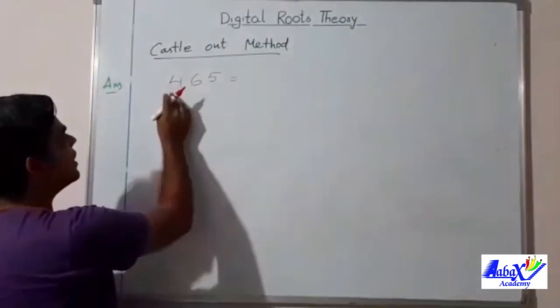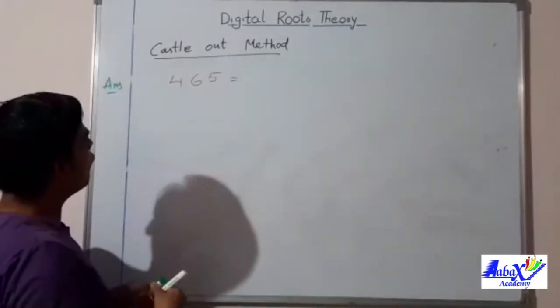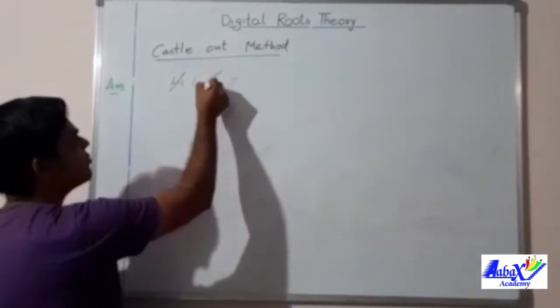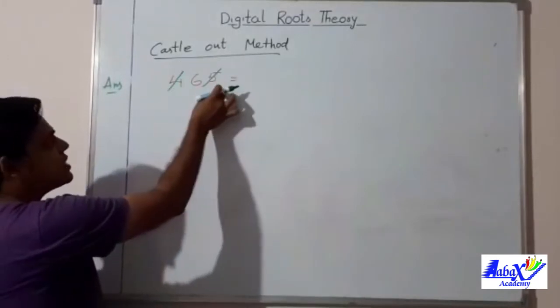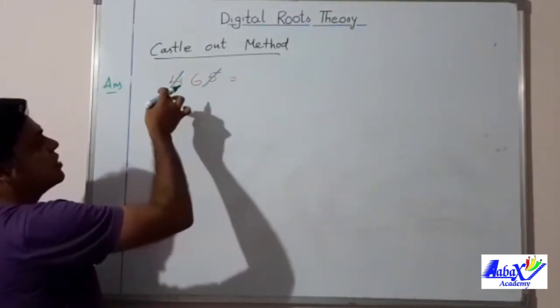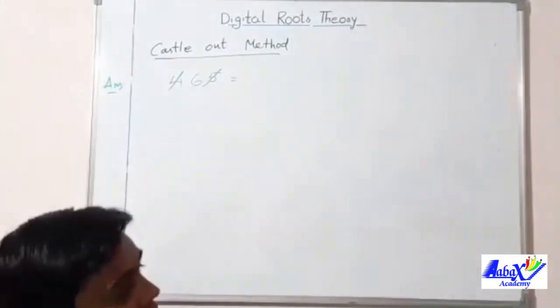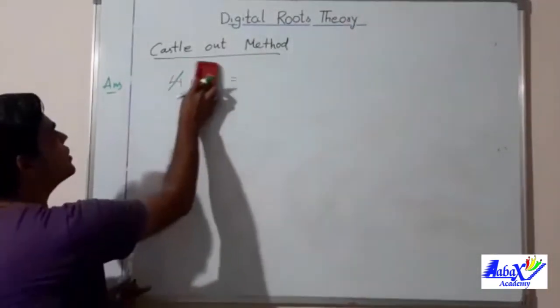Here we can see that 4 and 5 make 9. 4 plus 5, 9. So just strike out 4 and 5 in your mind, not in the sum.